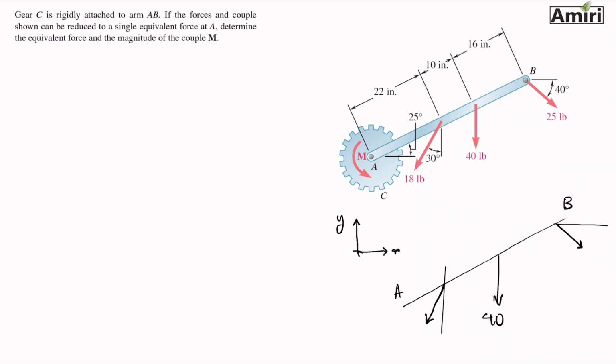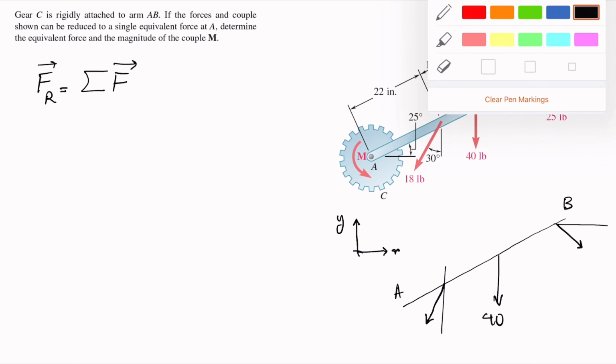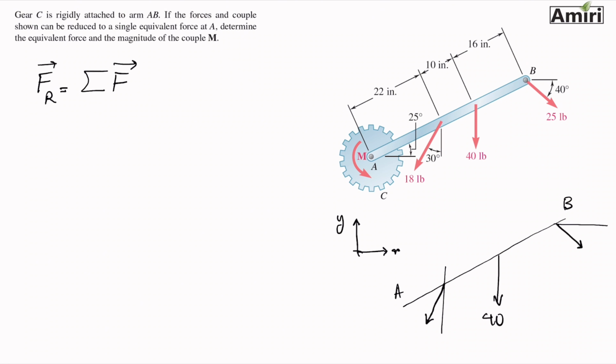All I'm trying to do is find FR, the summation of each F. So let's write it as Cartesian vectors if we can. So the x component would be right there, and this one is 18 sine 30.